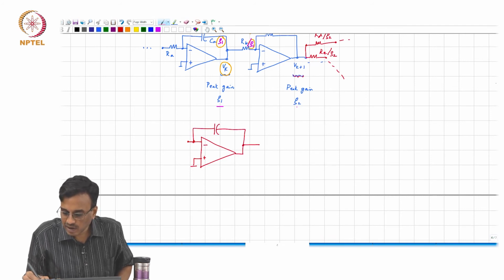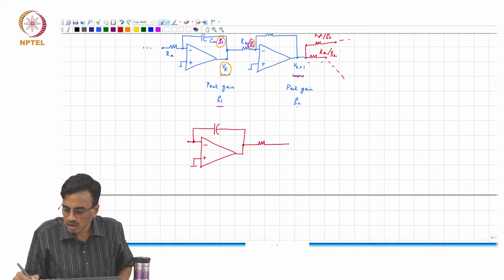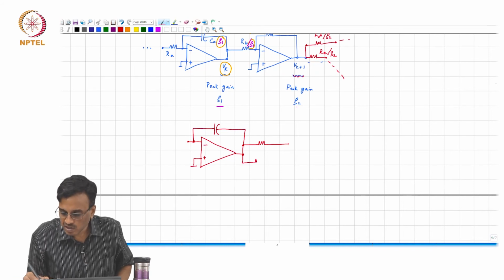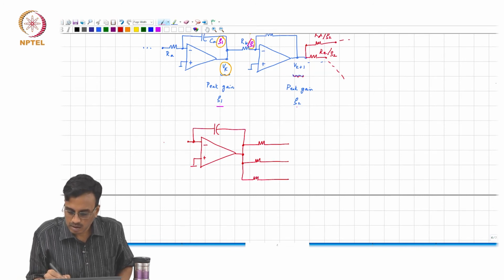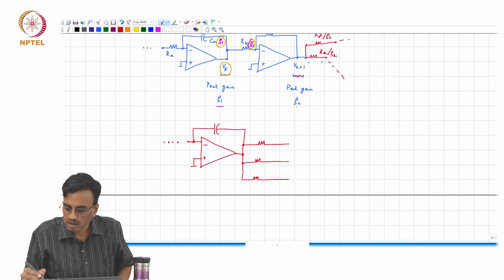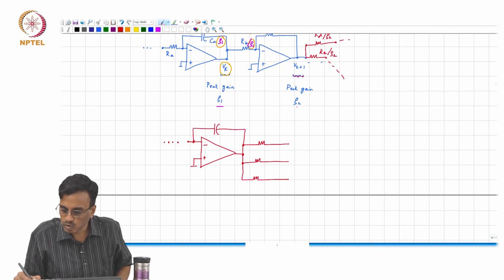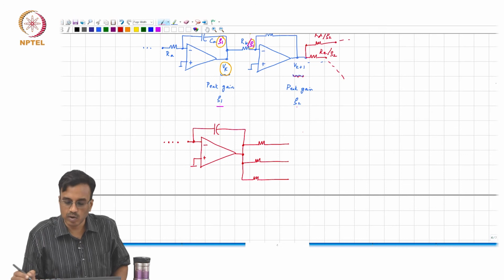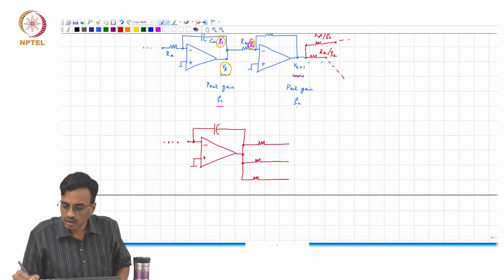a filter will potentially have this, the output of some op amp, which goes to some virtual ground or the other, right?